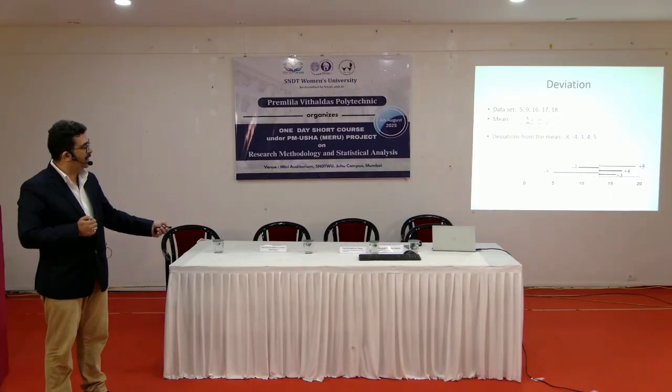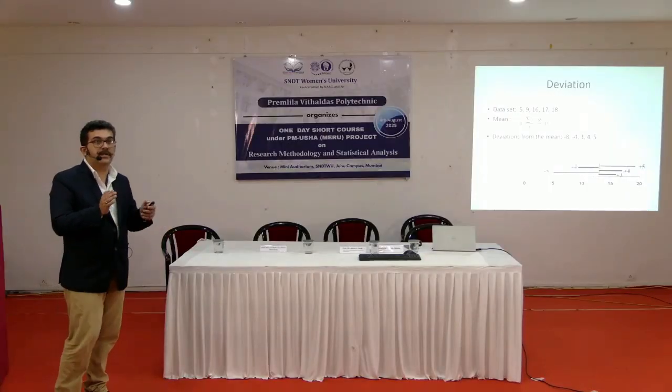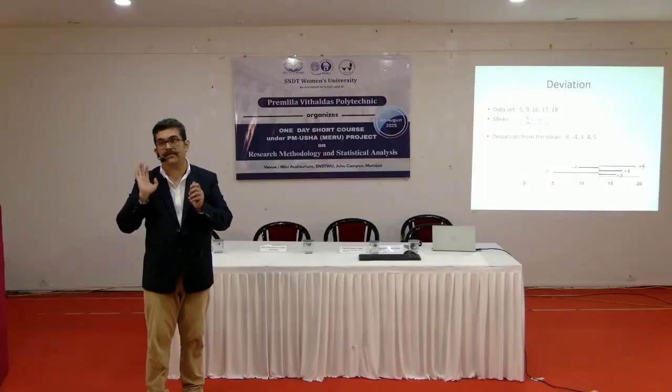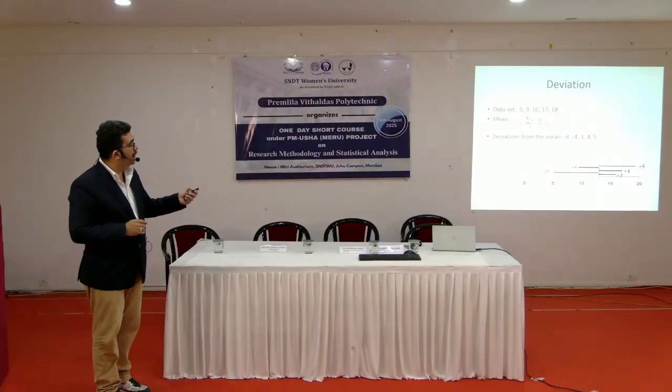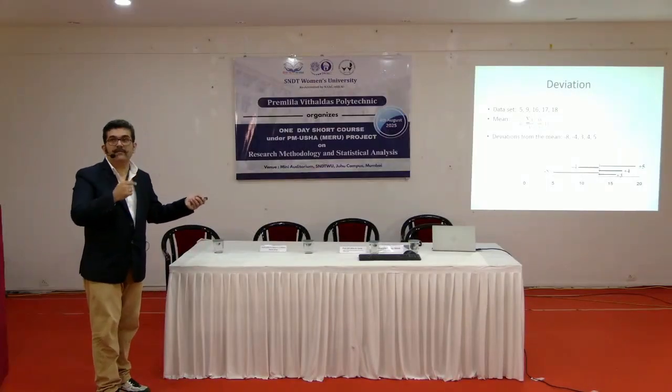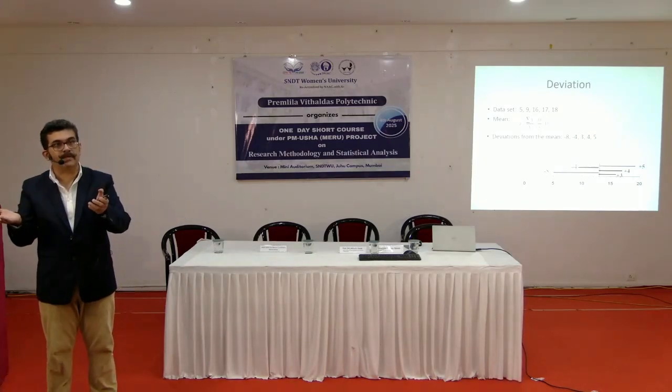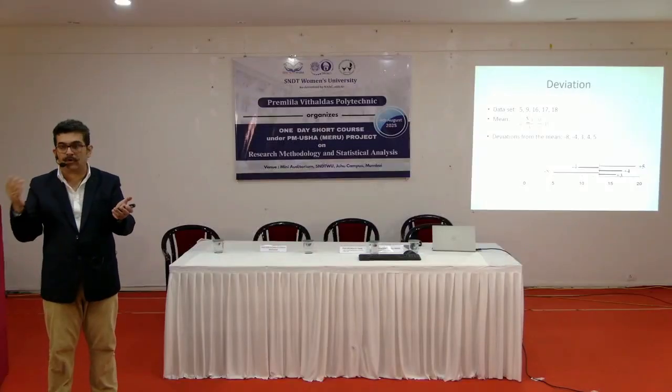And then 17 is plus 4 more than the average value. 18 is plus 5 more than the average value. So this is called deviation. How much our number values are deviating from that average, right? Now you will find one thing, the deviation can be positive or negative. It depends on whether the number value is less or more.